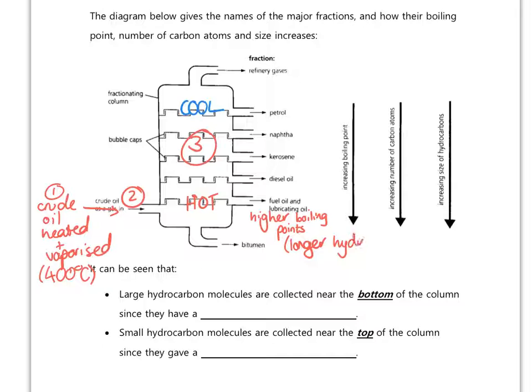So remember we talked about in the previous page that the boiling point is directly linked to the length of the chain, or essentially the size of the molecule, because it will have a higher boiling point. The larger the molecule is, the higher the boiling point it will have.